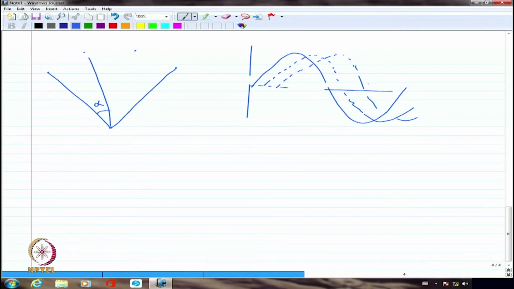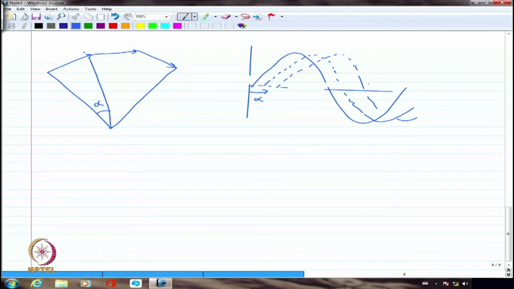This is going to be the delay I would encounter when I am looking at the voltage waveforms of each of these turns. So I'm going to have this delay alpha, which I can show somewhat like this. Maybe one EMF is like this, the next EMF is like this, the third EMF is like this.